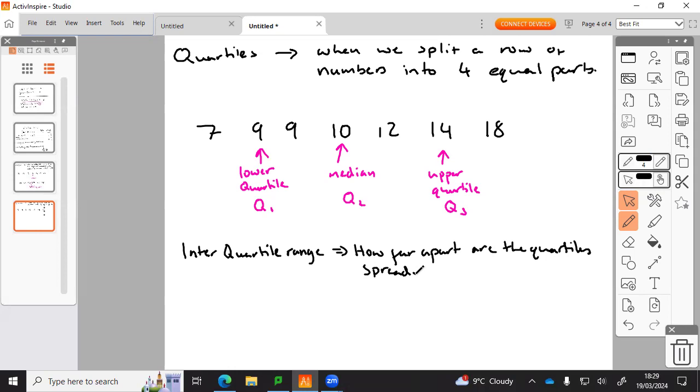So how far, with those range of numbers, how far are they spread? Is it quite a broad range? Or something called the semi-interquartile range, which is essentially that number divided by 2. Now to find that interquartile range, which is shortened to IQR, we take Q3 minus Q1. Q3 is 14, and we minus Q1, which is 9, which will give us 5.